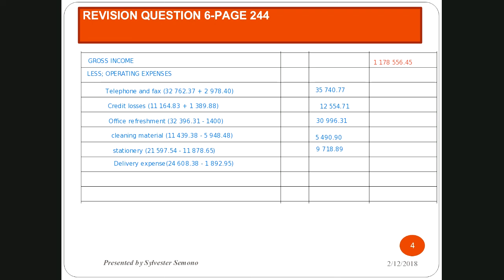Obviously, the next one is electricity. And again, we must check the adjustment first. Electricity adjustments. I don't see any. Let's see. Yeah, I do. We do have number 9. Number 9, yes.